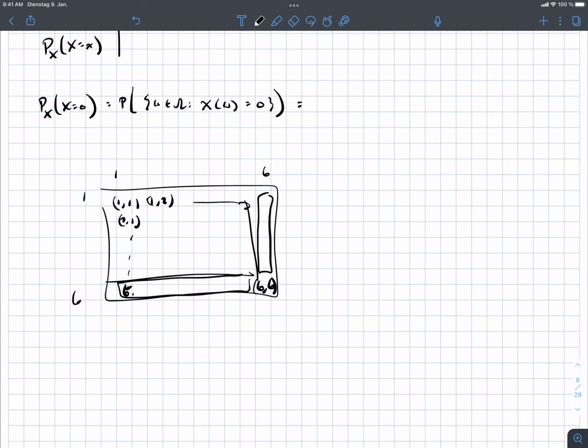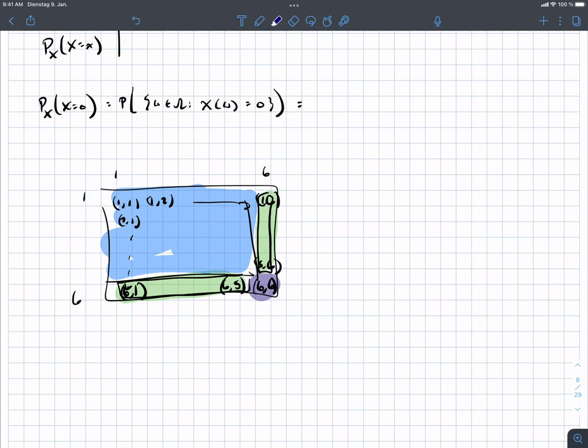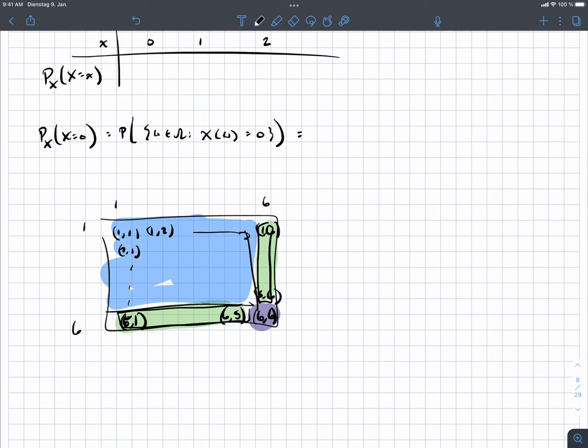Here's where you'd have (6,1) up to (6,5). Here you'd have (1,6) to (5,6). So in these ones you get one 6. In all of these ones you get 0 sixes. And in this one you get 2 sixes. So this looks like 25 out of the 36 outcomes. So 25 are here, and so I'm going to put 25 out of 36.